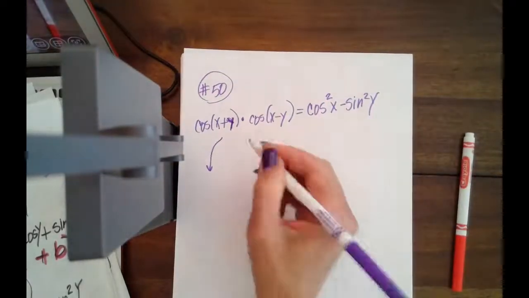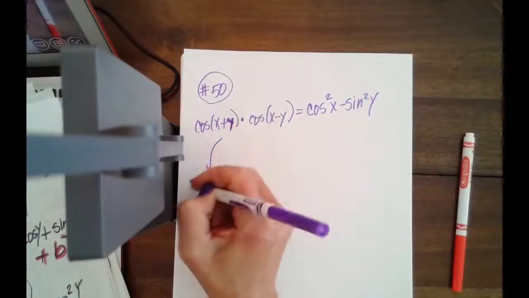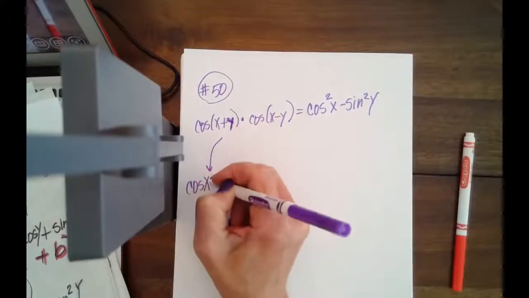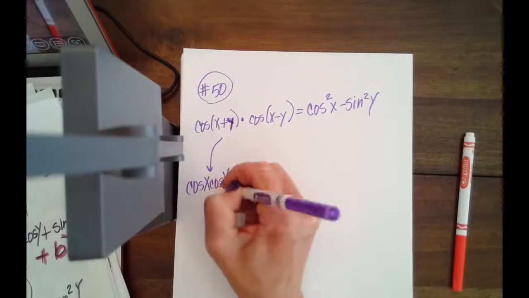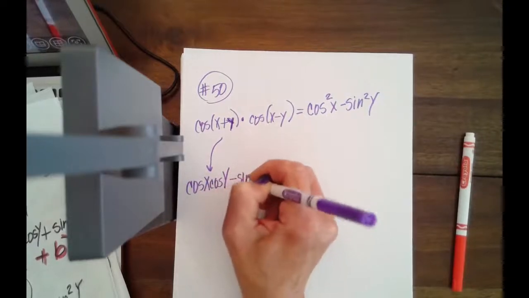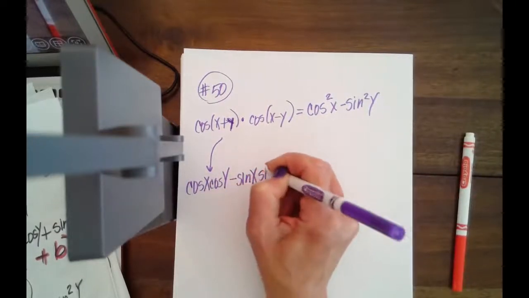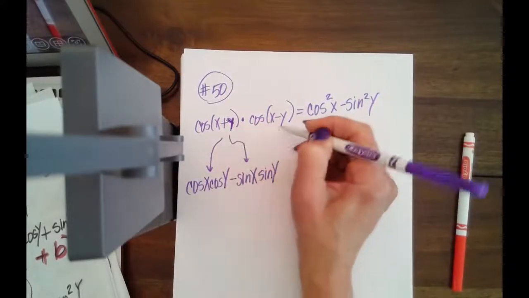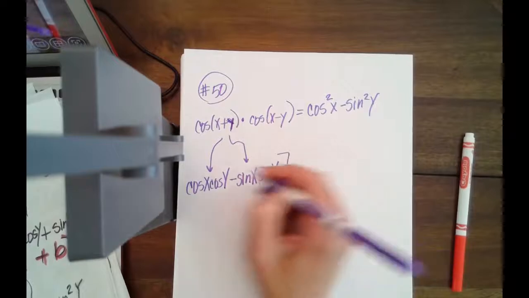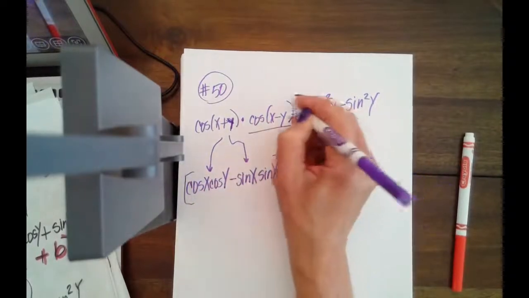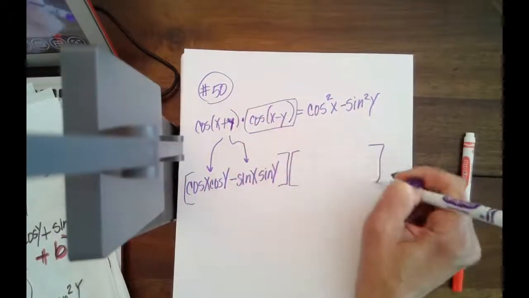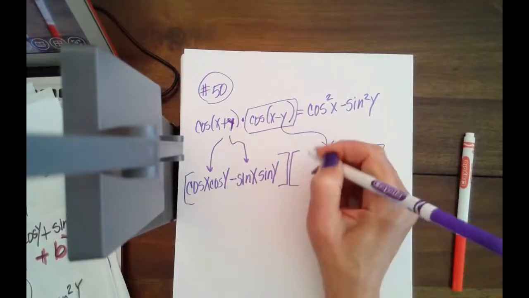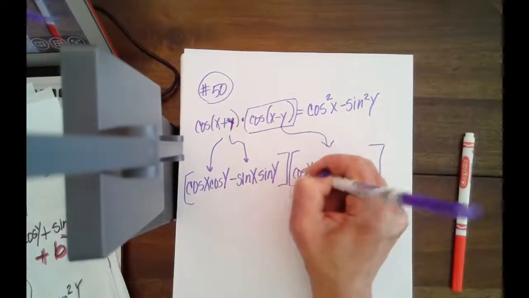So this one ends up being cosine of x times cosine of y minus sine of x times sine of y. That's this guy. Then we have multiplied by that the next expression, and he's going to be cosine of x times cosine of y.